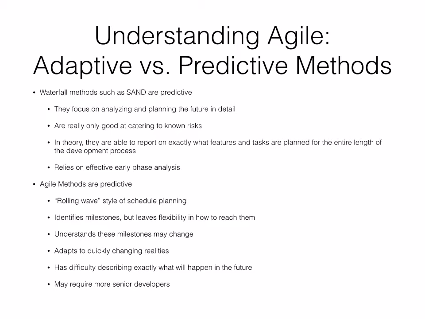Because of this, waterfall methods are really only good at catering to the known risks. In theory, they are able to report on exactly what features and tasks are planned for the entire development process, but we also know that's not necessarily true. Waterfall methods also rely on effective early phase analysis, where you spend a lot of time investigating the problem, developing a feasibility analysis, doing a requirements analysis, and then moving into design.